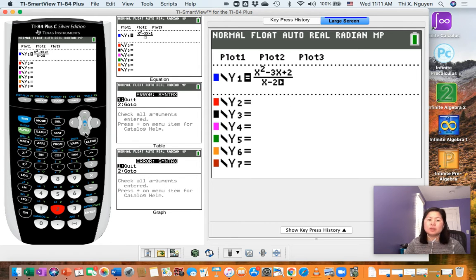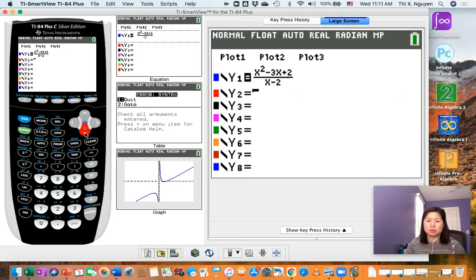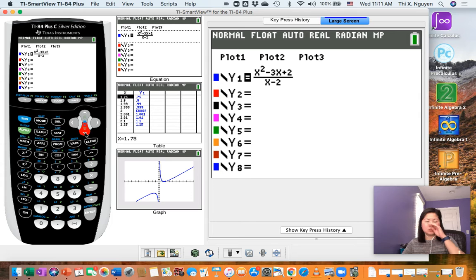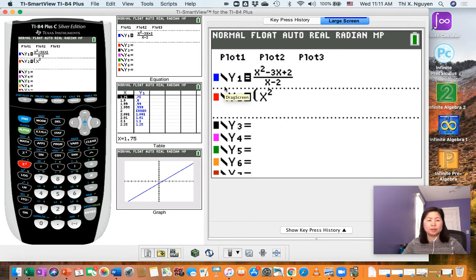If you have the older version, it should work out the same way. However, we cannot do the fraction, so here's the way that we can go around it. I use parentheses: open parenthesis, x squared minus 3x plus 2, and close the parenthesis to indicate they are grouped together, the numerator together and the denominator together.